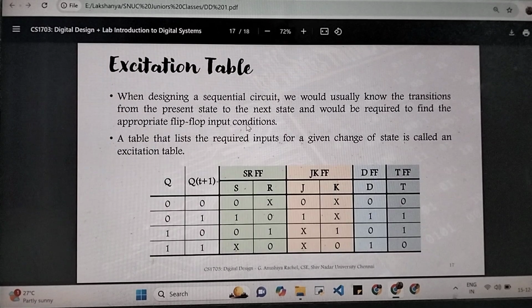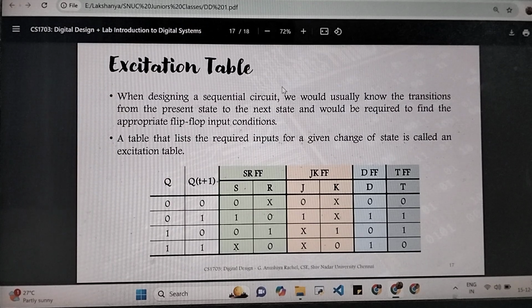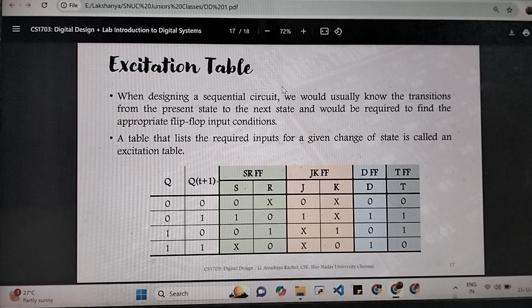Now moving on to the excitation table, it also has the same values, state, next state and flip-flop inputs, but the difference being, what insight can I gain from an excitation table? Given this is the current state and given this is the next state I want to move to, what should my flip-flop inputs be?